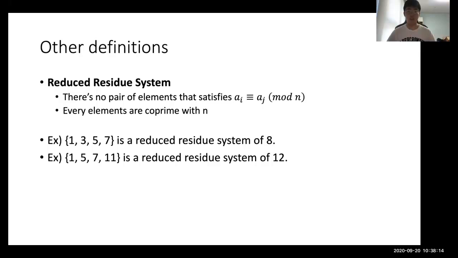The next example, 1, 5, 7, 11, is a reduced residual system of 12 because they are the only 4 numbers that are co-prime with 12. So basically, this is a subset of the complete residual system.